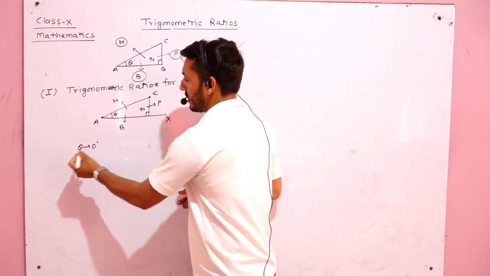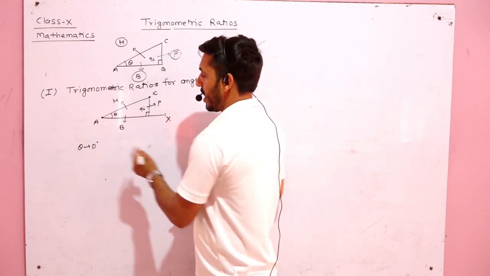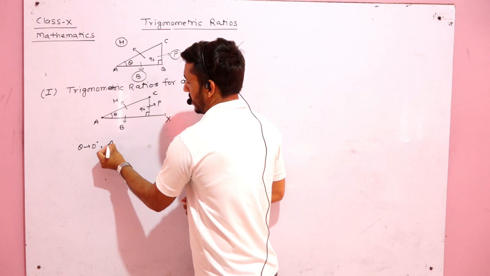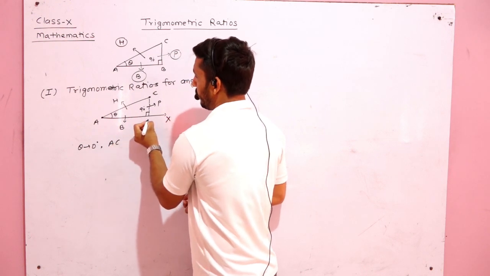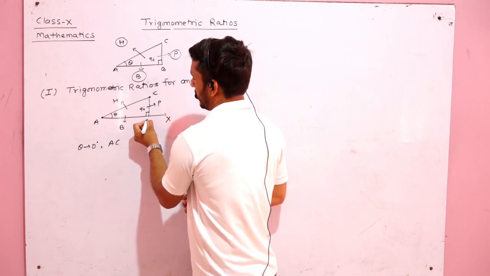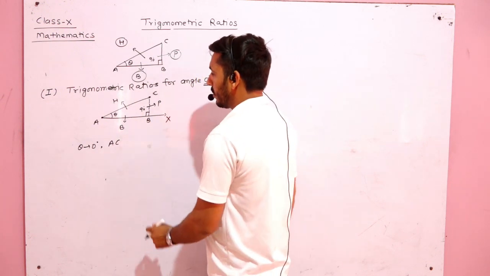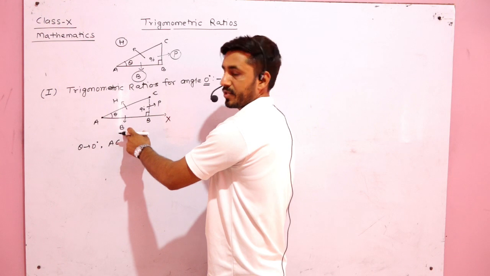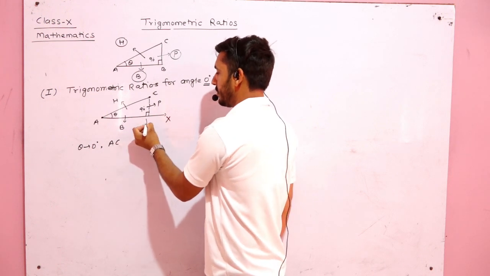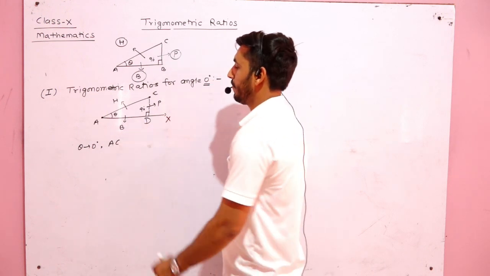Then if I make theta tend to 0, in this condition AC, this point we can assume as B point. Or if we want the base B point, then we can assume it as D point. No problem.